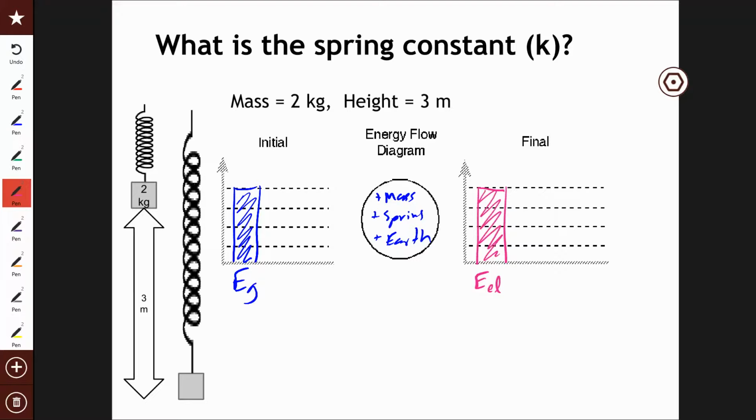Cool. So were there any energy transfers into or out of our system? So in this situation, our initial energy must be the same as our final energy. Now I'm asking you, what's the spring constant? We could probably make this conservation of energy equation a little bit more specific. So how would we make it more specific, Dom?